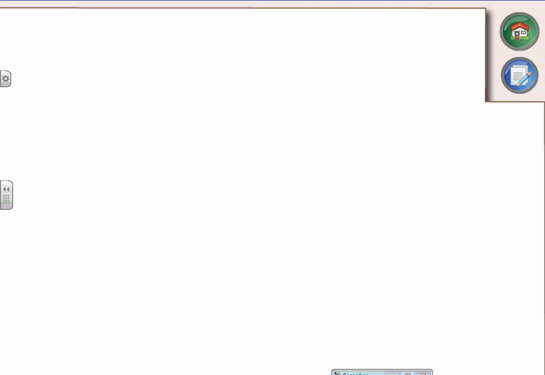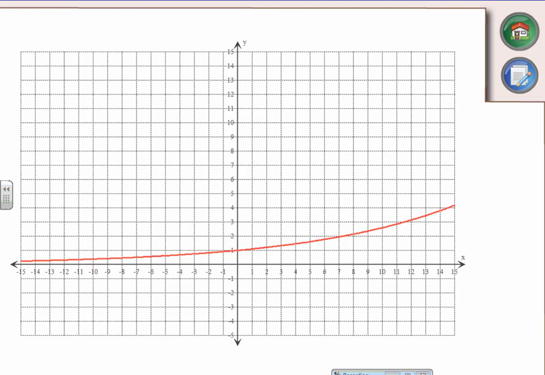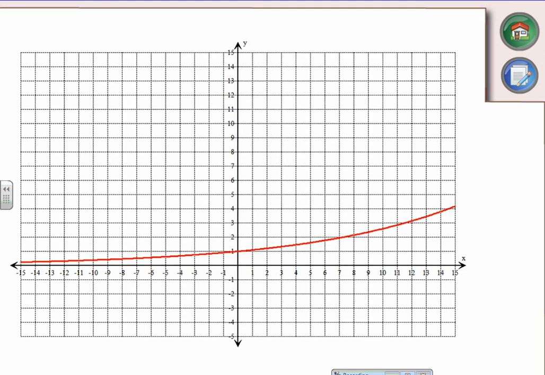So your first one, when we punch that in, should look something like this. And you can see my scale there. I'm going from negative 15 to positive 15 on the x, and from negative 5 to 15 on the y. So that right there is y equals 1.1 to the x. What's important here to look at? As always, it's important to look at your intercepts.